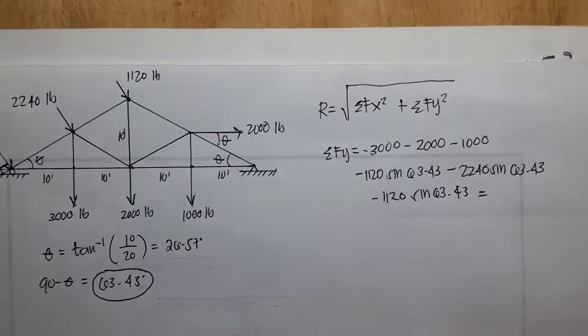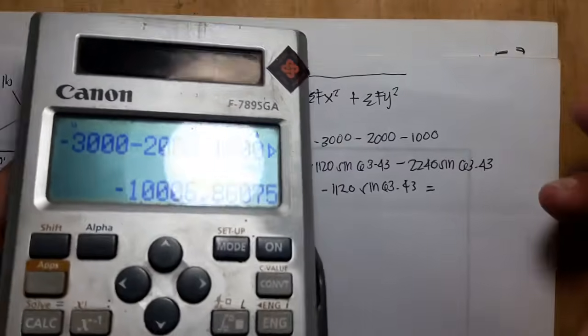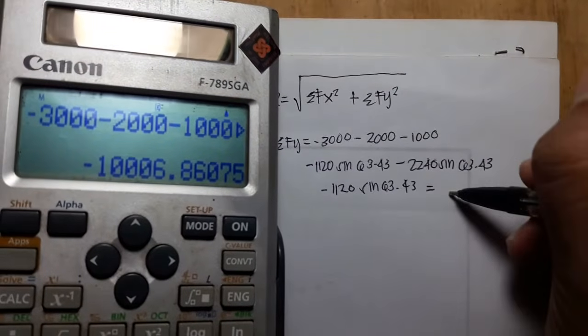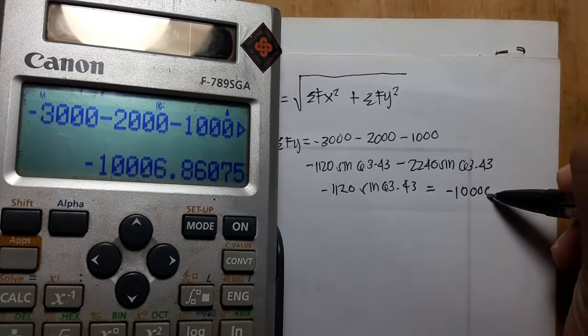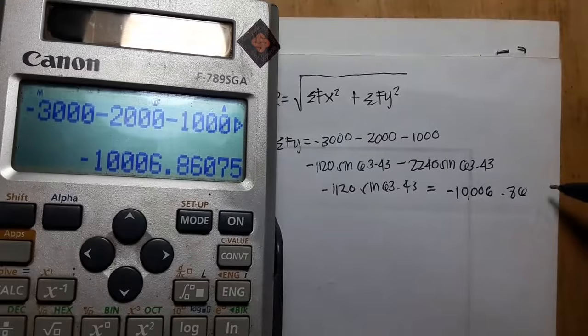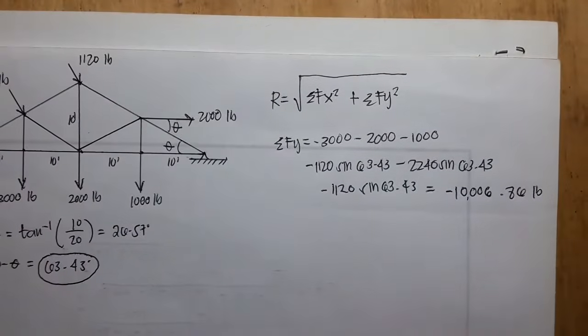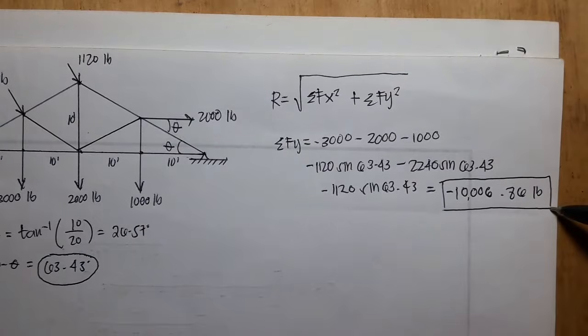So our summation of forces y is equal to negative 10,006.86 pounds. This is our summation of forces y.